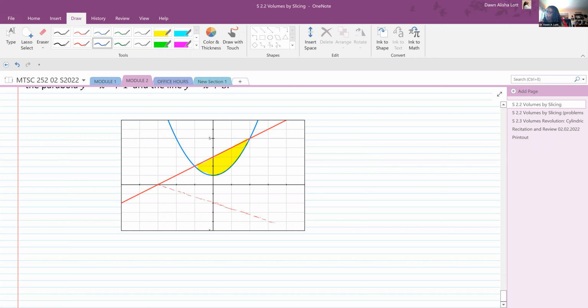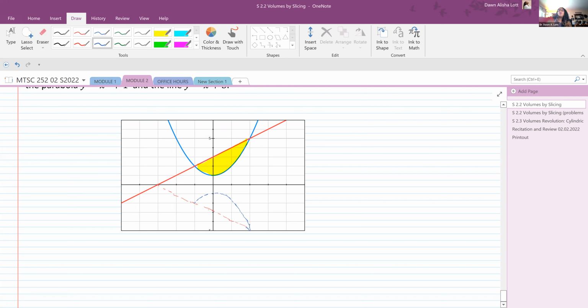That line is going through the wrong place, wrong line. That line should be going through this point and this point. Okay, now that should be going, yeah. And the parabola goes up. Okay, so I get the region down there.